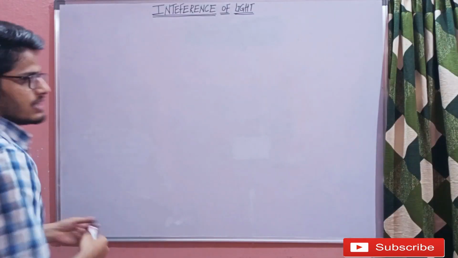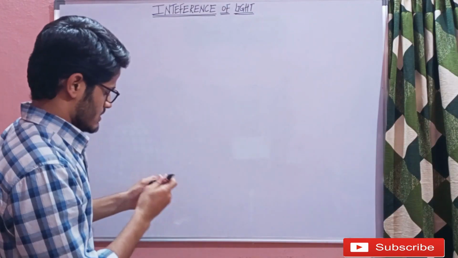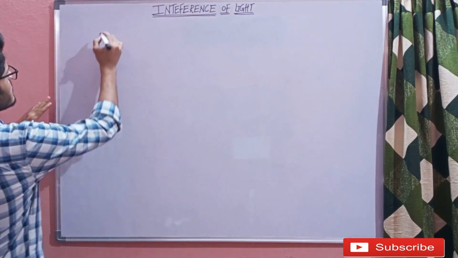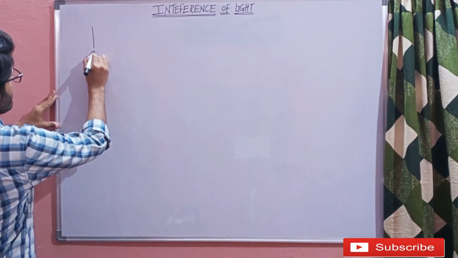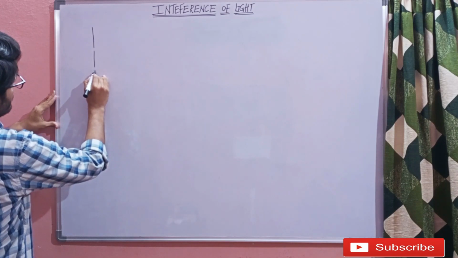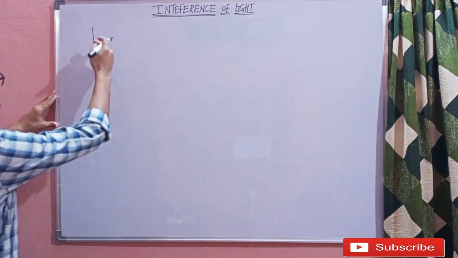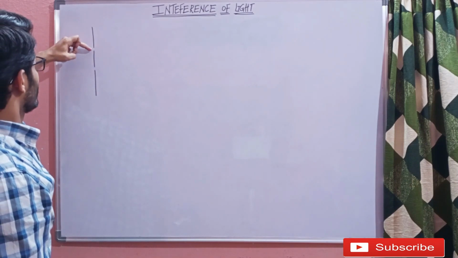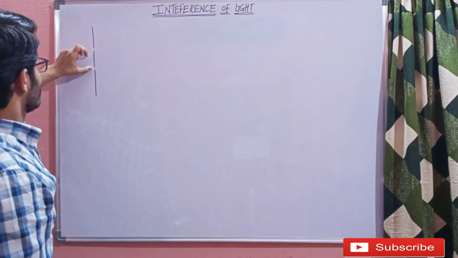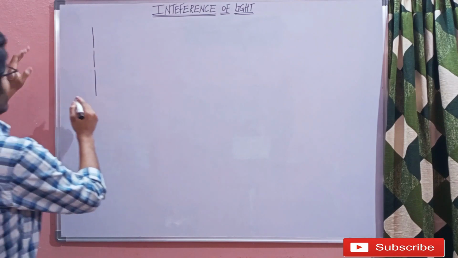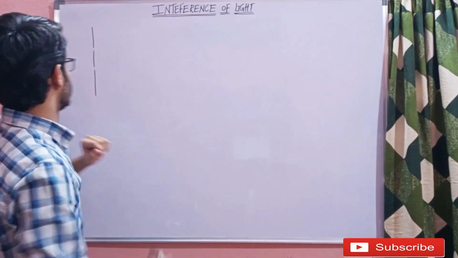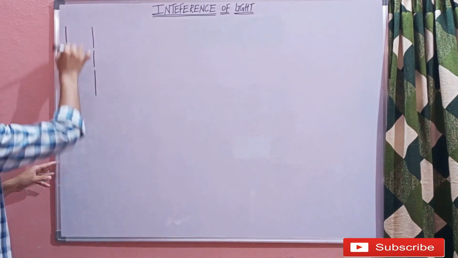Okay, so this is the Young's double slit experiment. We have the two slits, and we are passing plane wavefronts through the slits.